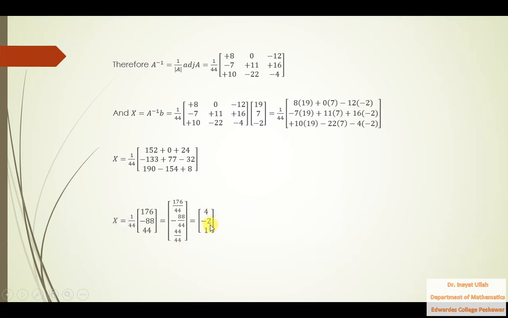So X is equal to 4 minus 2 and 1, but we know that X is actually x1 x2 x3, and this is equal to that. So comparing the corresponding elements, x1 is 4, x2 is minus 2, and x3 is 1. So these are the obtained values of x1, x2 and x3. This is the solution of the system of equations by the inversion method.